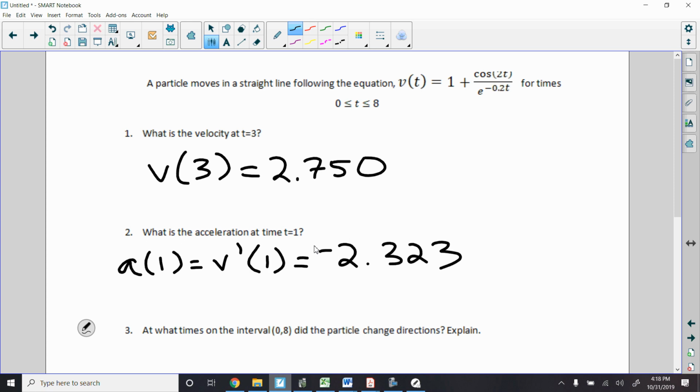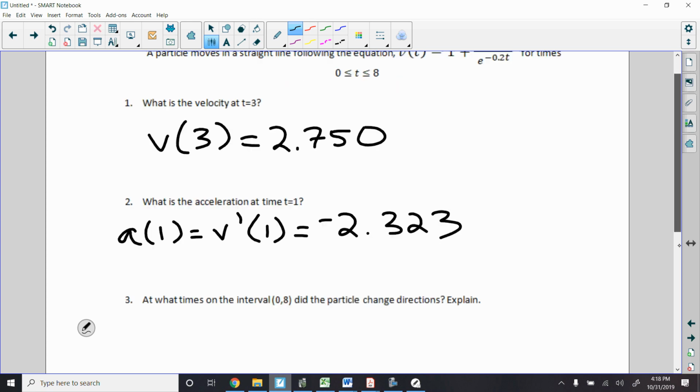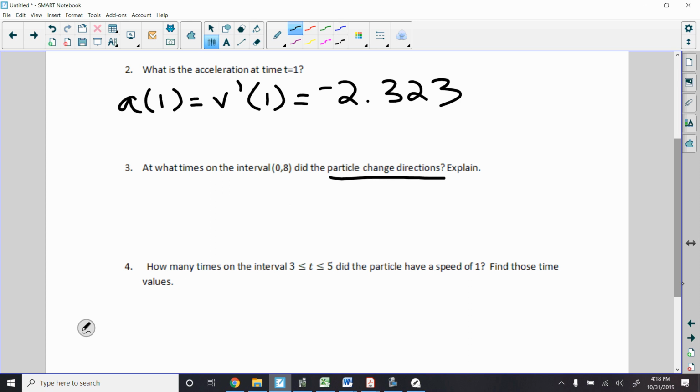All right, question 3. At what times on the interval 0 to 8 did the particle change directions? Again, that's where our definitions come in. I know we change directions when v of t changes sign. I know that v of t could change sign at the number 0.